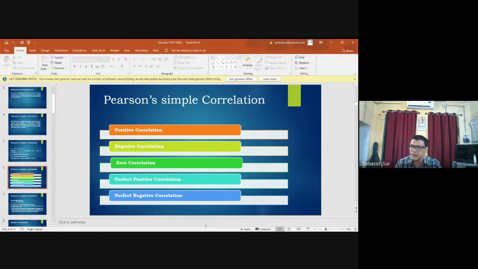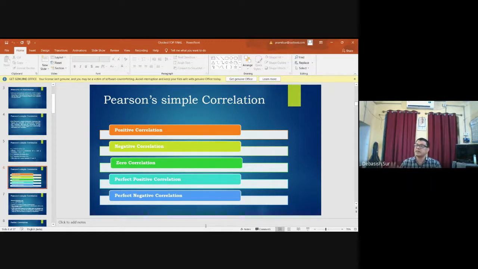In other words, if we plot all the values of the variables x and y on a graph paper, and if we find an upward rising straight line, then the correlation is called perfect positive correlation. And in case of perfect positive correlation, the value of rxy is equal to +1.